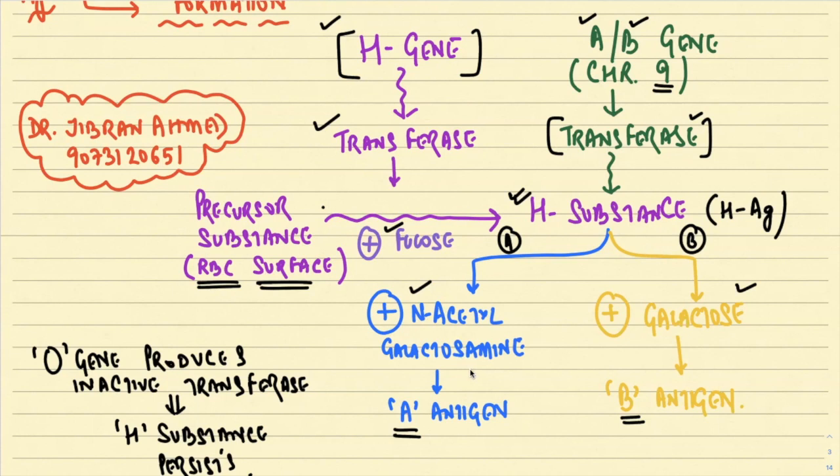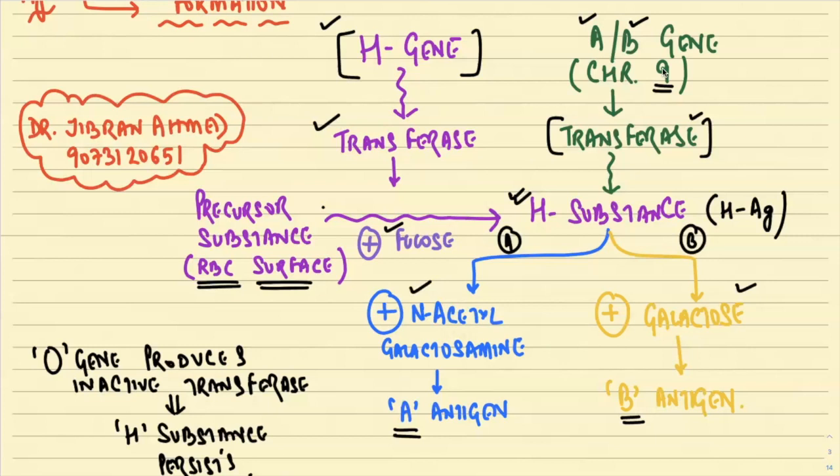So addition of N-acetyl galactosamine will convert the H substance into the A antigen, and then the individual is said to have blood group A. Similarly, if instead of the A gene, the individual has the B gene, it is going to encode a transferase which will convert the H substance into the B antigen by addition of a galactose molecule. So in that case, the individual will have B blood group.